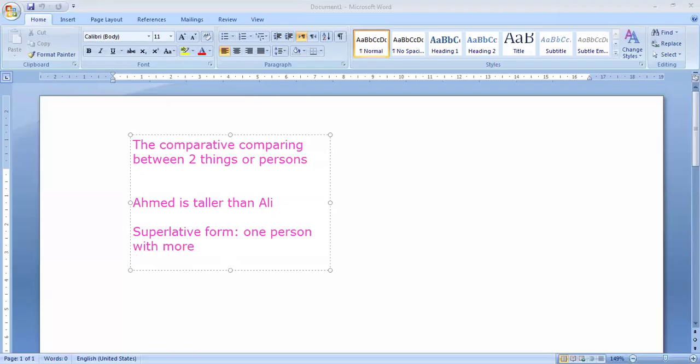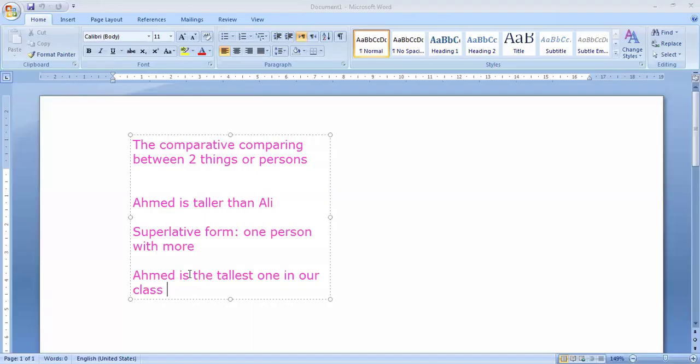Ahmed is the tallest one in our class. So here I compare Ahmed with his colleagues.